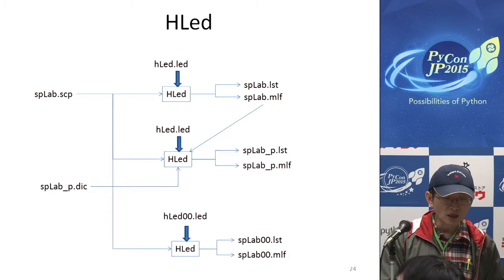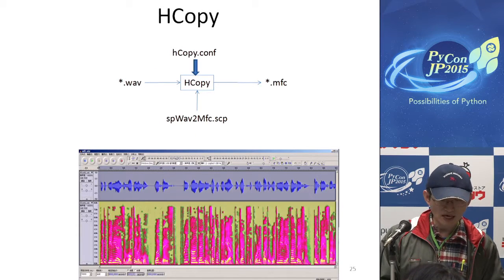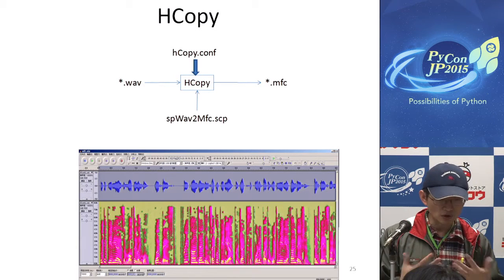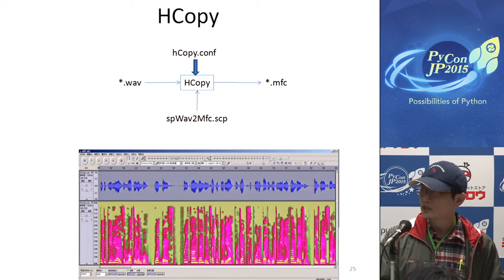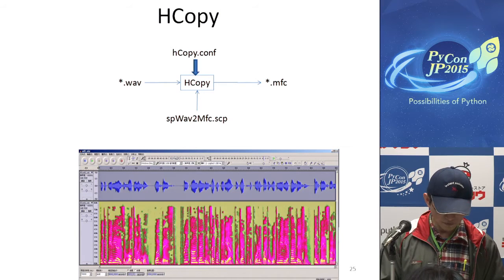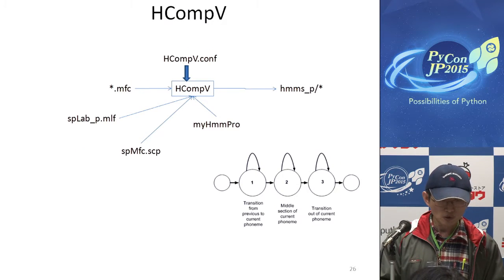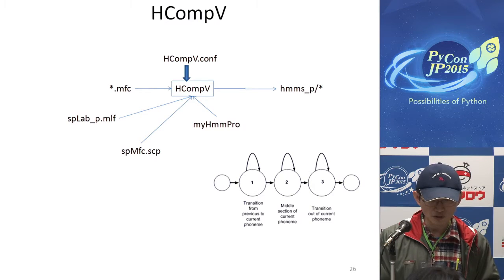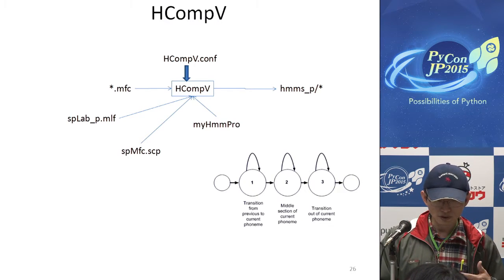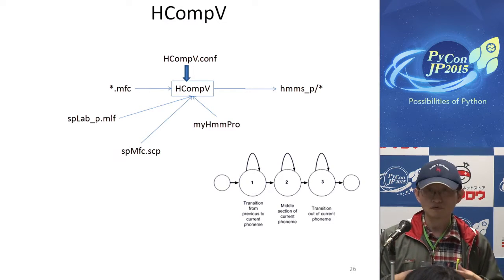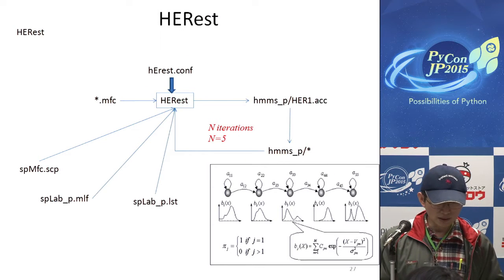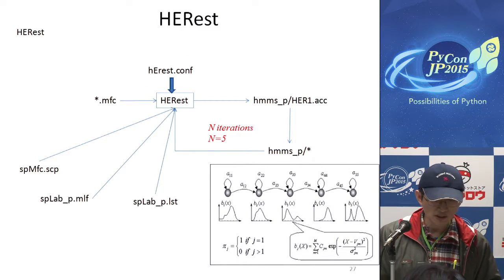In the following several pages, I visualize those concepts. For example, there is a step called HCopy that does the feature extraction, the DSP signal processing for speech recognition. And we have a model training stage, as in machine learning, where we need to create models for those phonetic symbols, with some training algorithm.